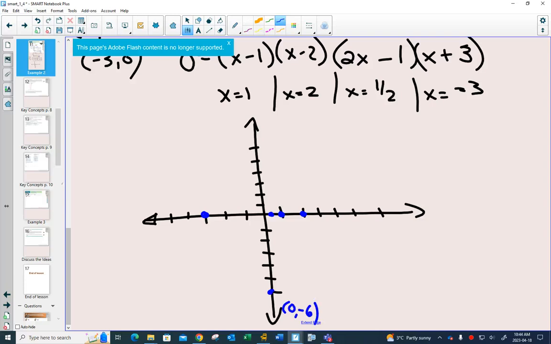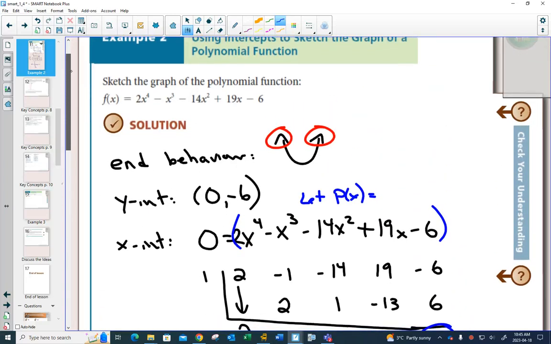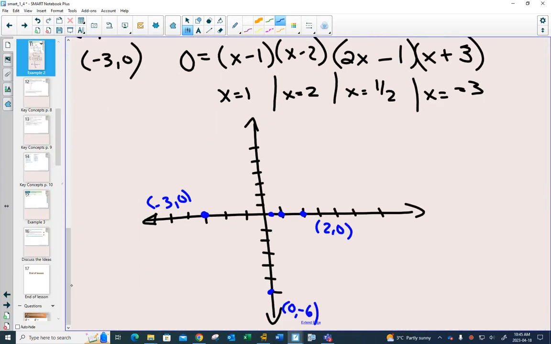So again, I need to do some labeling on here so that you know what the scale of your graph is. Do we know the end behavior? Yes. The end behavior on this one has to start up here and has to end up here.